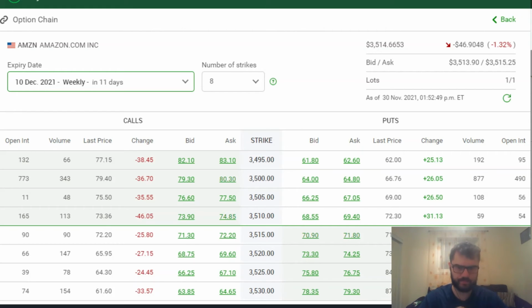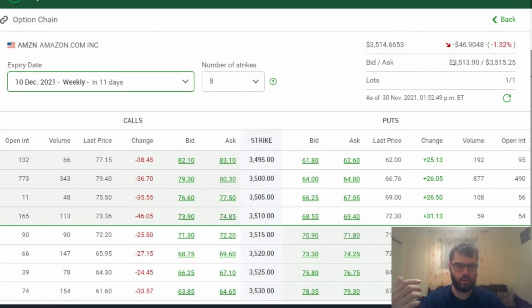Now, the strikes. First thing I want you guys to notice is that you'll see it's highlighted in green on this side, and then highlighted in green on this side. It's kind of like a diagonal. This can be highlighted in many different ways at different brokerages and different option chains, but what this is trying to tell you is that this is basically at the money.